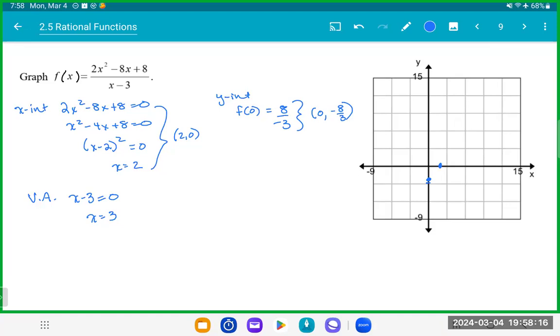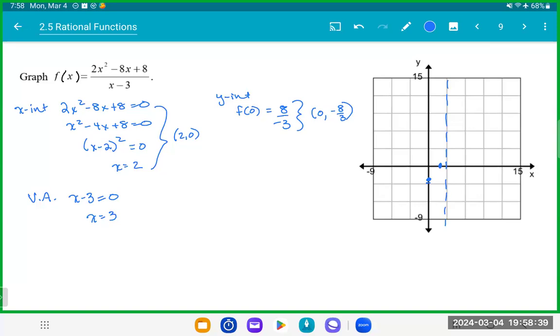So at x equal to 3, we have this vertical asymptote. And the horizontal asymptote does not exist, right? Because we already determined that we have a slant here.